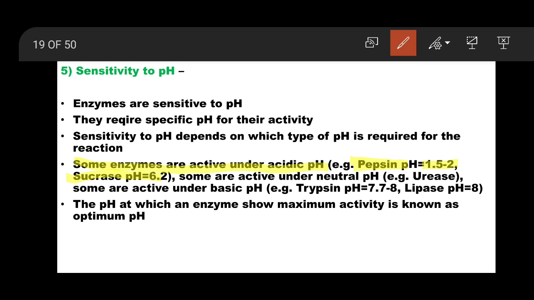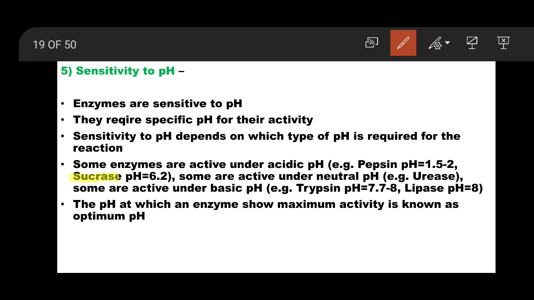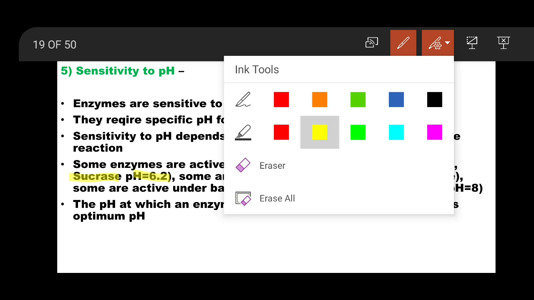Another example is sucrase, which is important in the breakdown of sucrose. You are eating cane sugar, that is sucrose. For the breakdown of sucrose, this enzyme is required, that is sucrase, and the pH required is 6.2, that is not too acidic.